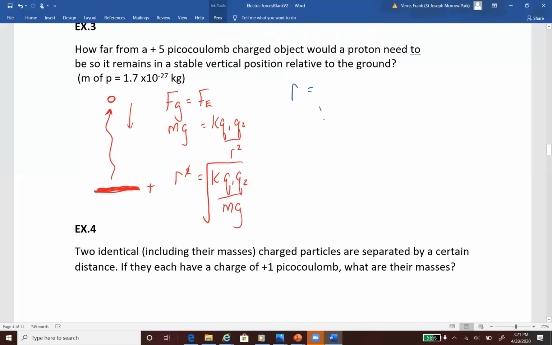Okay, so r is going to be the square root of k, 9 times 10 to the 9, times q1.